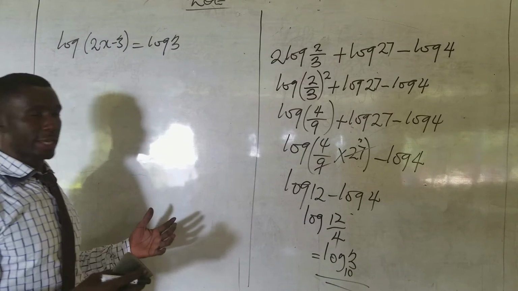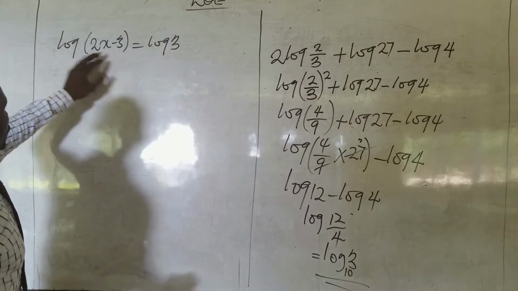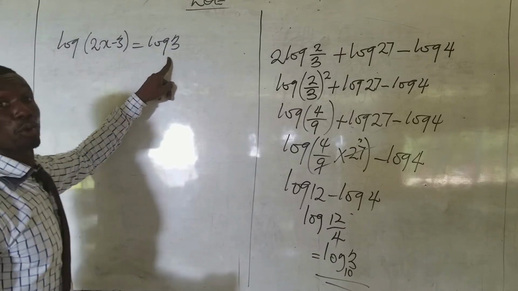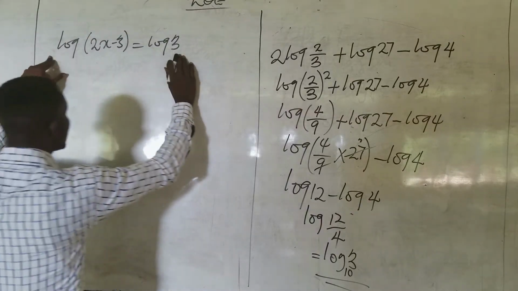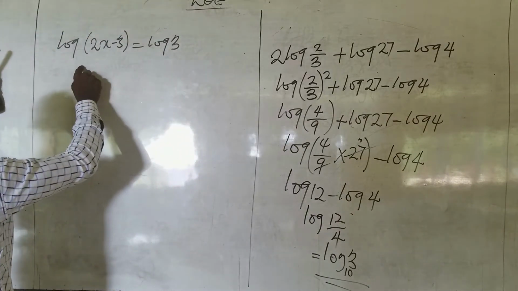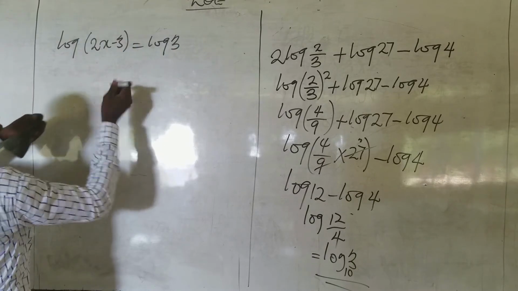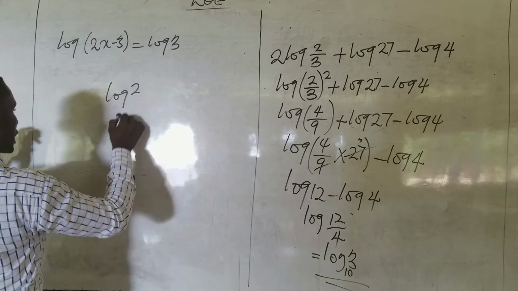It must be handled with care. Some students divide through by log so that the log will cancel. That is an absolutely wrong approach to solving logarithm questions. Here you can take anti-log, and anti-log means 10 to the power of the logarithm. If you have log 2, the anti-log of this means 10 to the power 2.